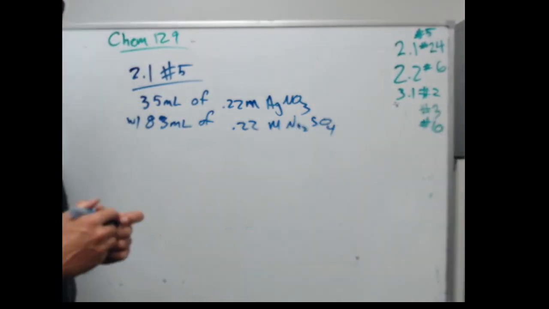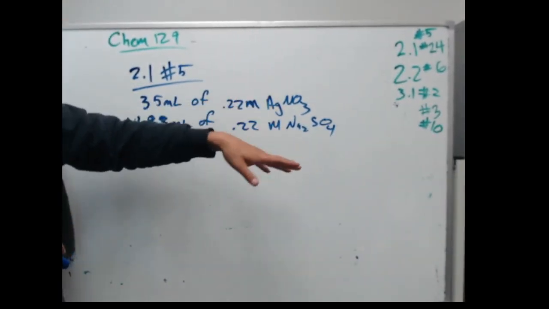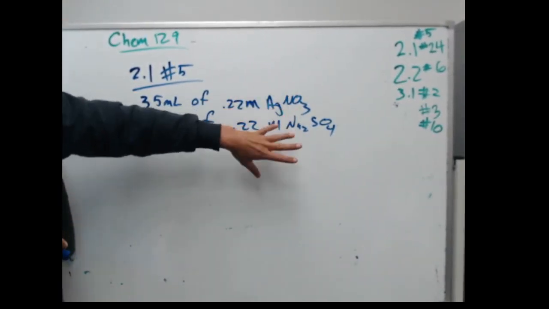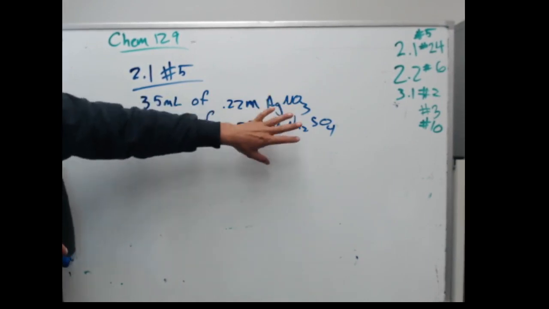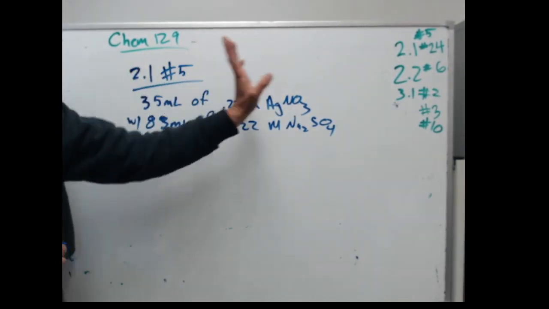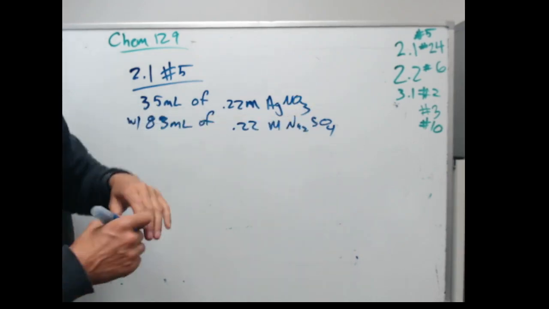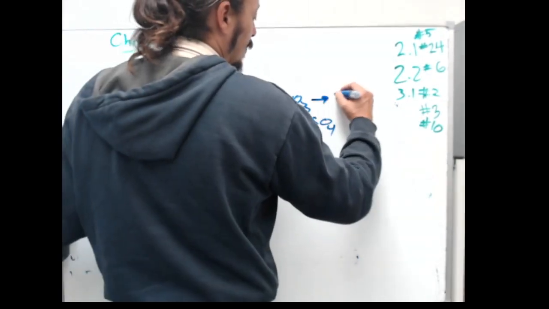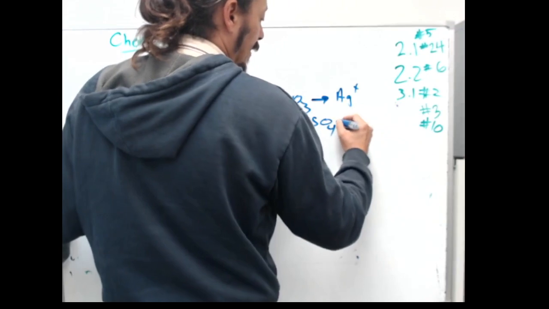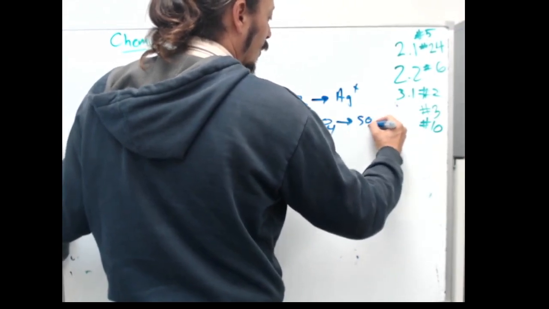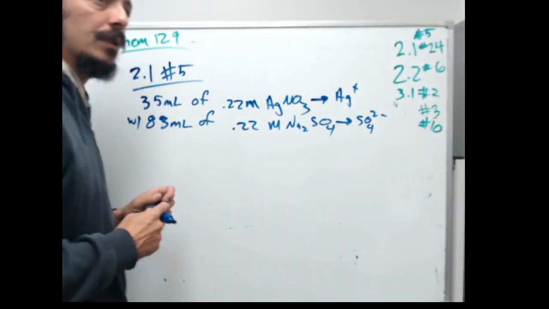Now, the solid equilibriums here, this silver nitrate and sodium sulfate, these are both incredibly soluble compounds, so their solid forming equilibriums aren't going to matter. It's pretty much just going to be putting Ag plus into solution, and pretty much just putting SO4 2 minus into solution.